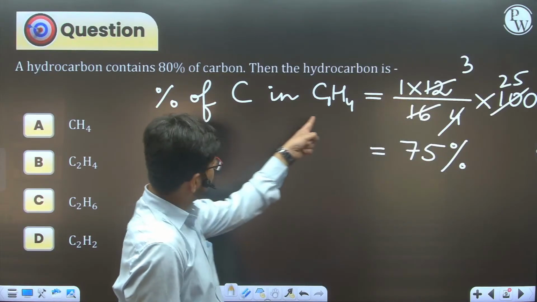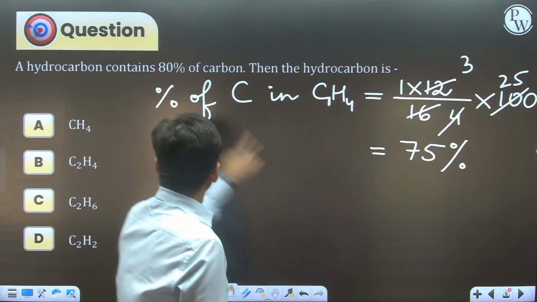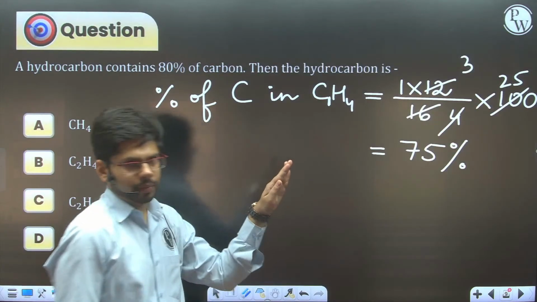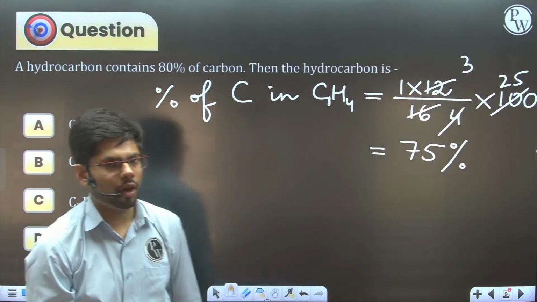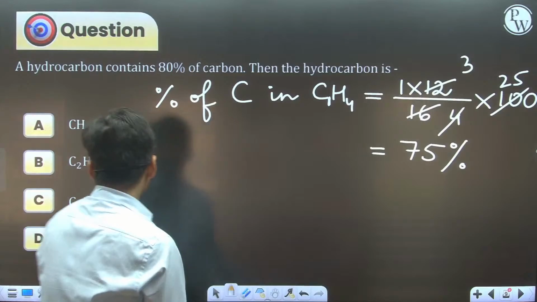That means the mass percentage of carbon in methane is 75%. So methane is not the desired hydrocarbon because clearly it is mentioned that 80% of carbon must be present.